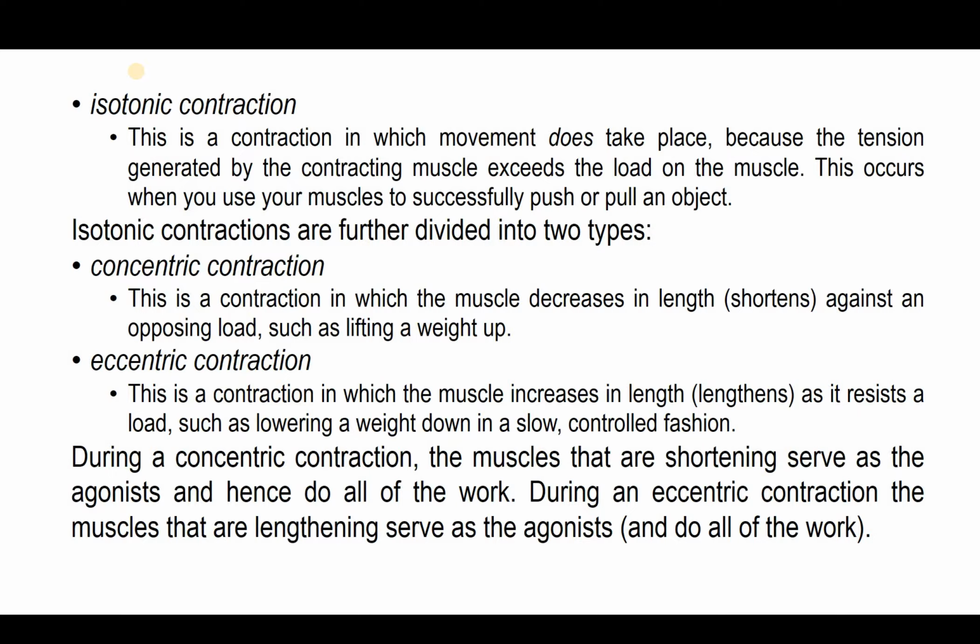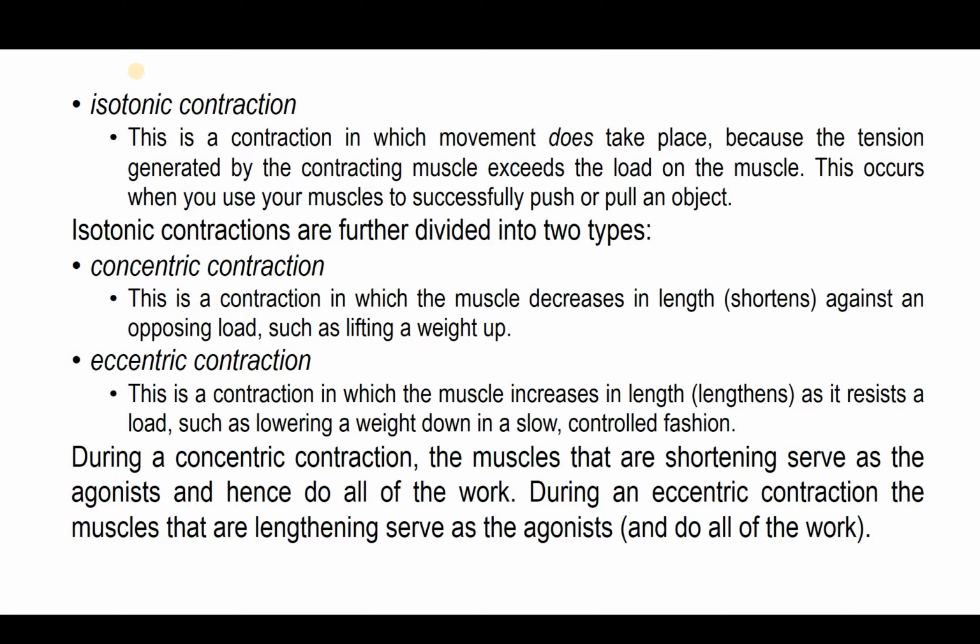Isotonic has two types: concentric and eccentric. So a concentric contraction is where the muscle shortens in length. So if you look at your bicep brachii muscle and you're doing a bicep curl, that would be bending at the elbow, doing the actual curl itself. The muscle is going to shorten.